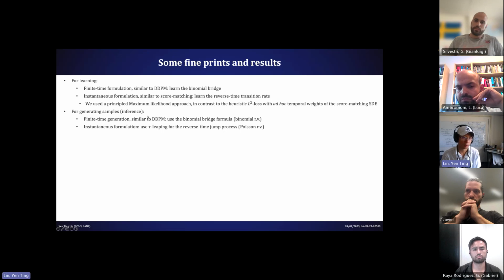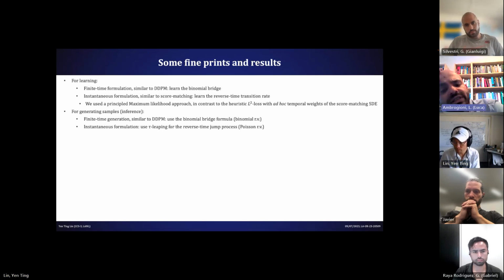For our case, we basically have the entire probability distribution, so we just use the maximum likelihood approach. We didn't do ad hoc temporal weights. Everything just follows the math. It's an MLE. For generating samples, there are also two ways. We can do finite time generation, similar to DDPM.